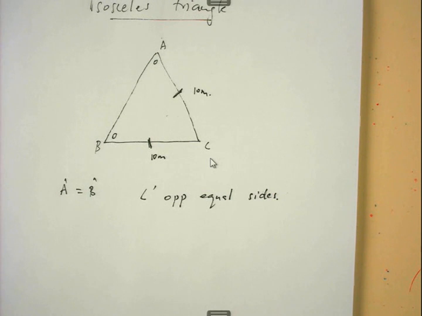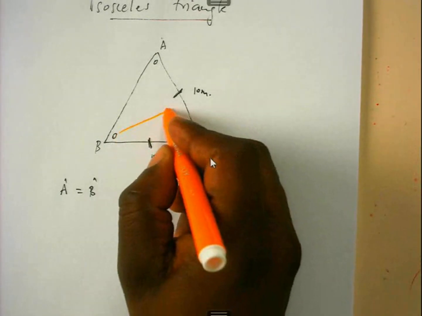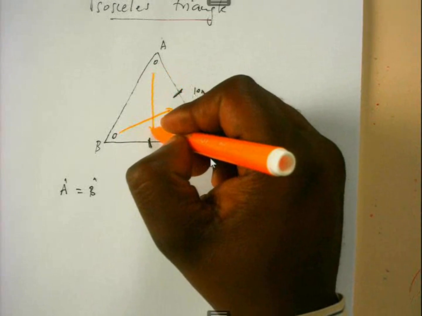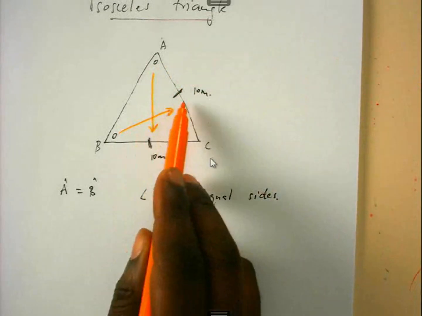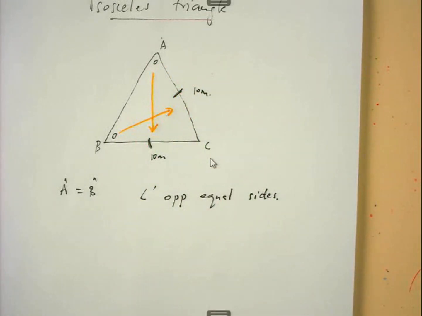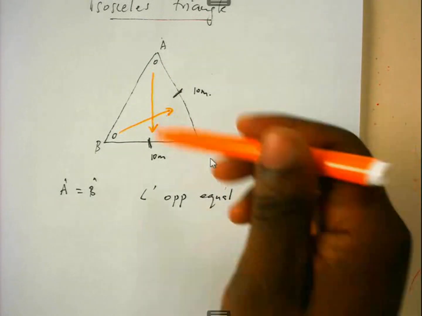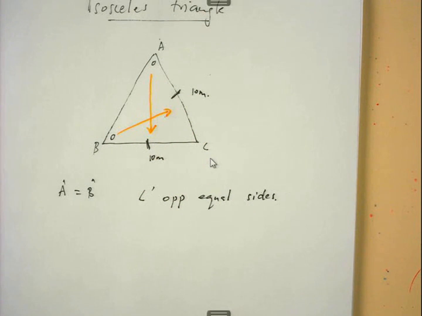You can see that angle B is opposite that side, and angle A is opposite that side, and they are opposite, in fact, to the sides which are equal.